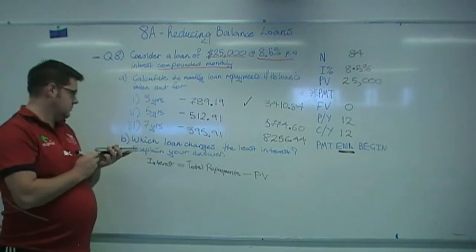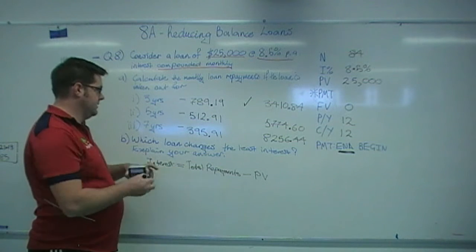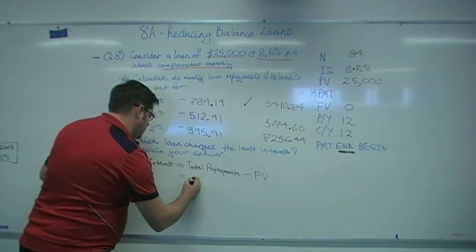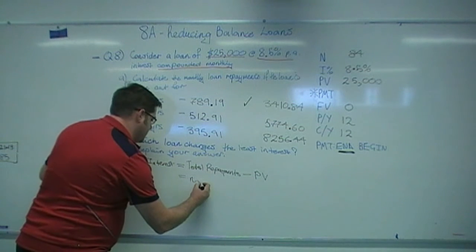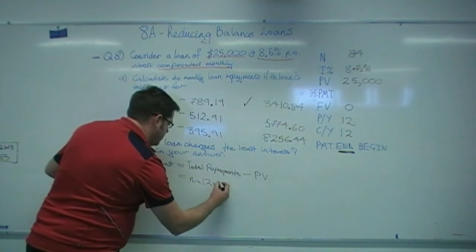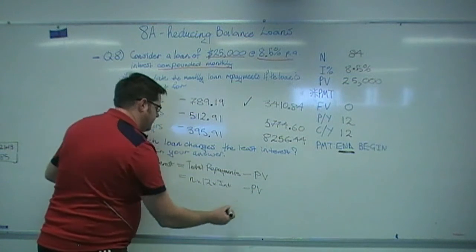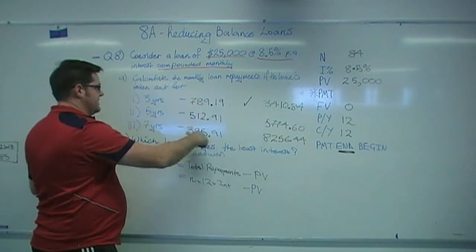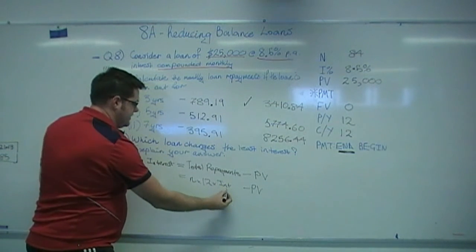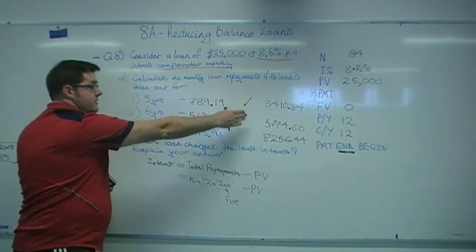Now make note that as we've determined the interest, the total repayments here, remember this is going to be little n, which is the number of years, times 12, because it's months, times the repayment, minus whatever the present value is. This interest value, remember, would be a negative value of what you see here. So the value that you'd insert in this equation has to be positive, which will give you these answers.